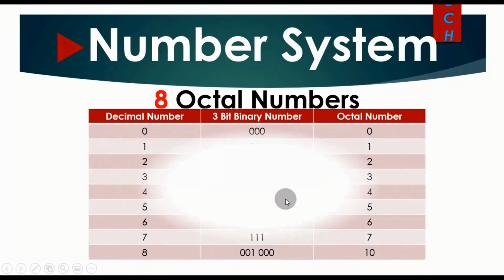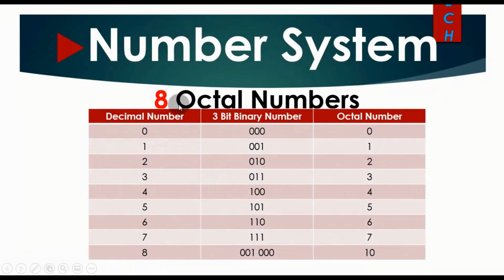Now you can see the octal number system alongside the decimal number system and the 3-bit binary number. The decimal number 0 is 000 in binary and 0 in octal. For 1 it is 001 and 1.